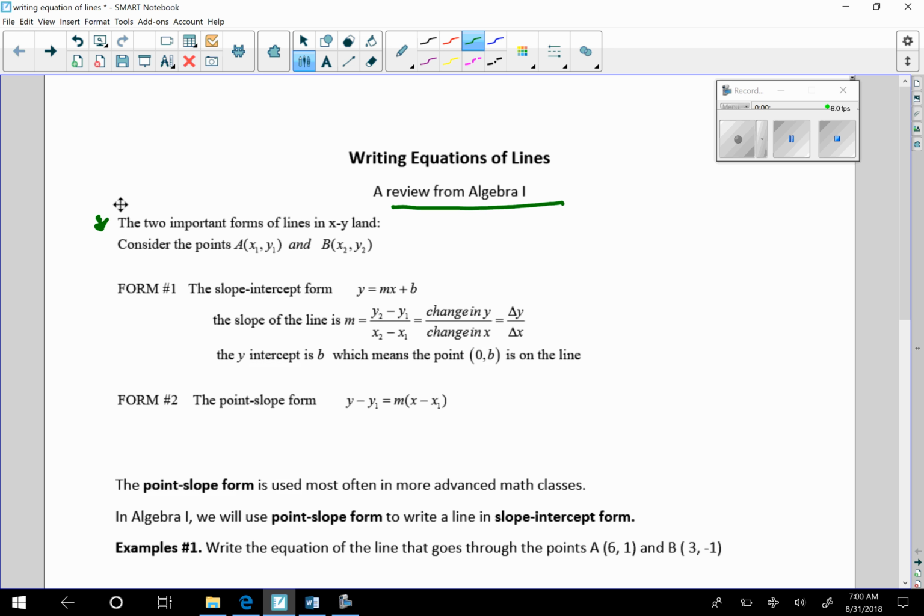Consider the points x sub 1, y sub 1, and the point B, x sub 2, y sub 2. Form number 1, the slope-intercept form.